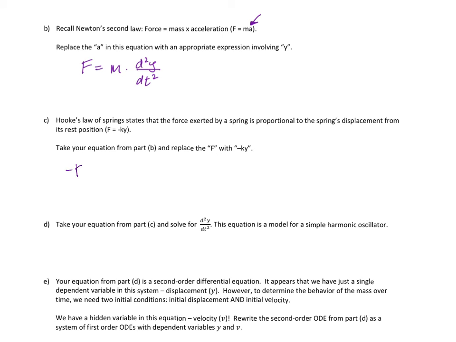So I have negative k times y equals mass times y double prime, the second derivative. Now I'm going to take the equation from part C and solve for the second derivative. So y double prime equals negative k over m times y. And this is a model for a simple harmonic oscillator.